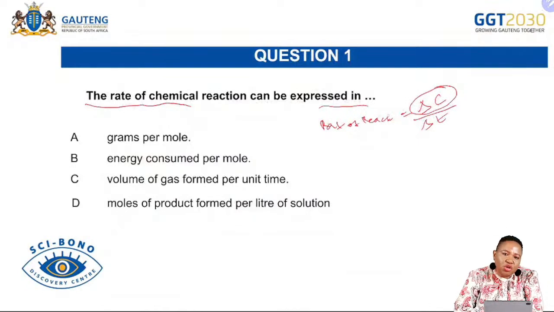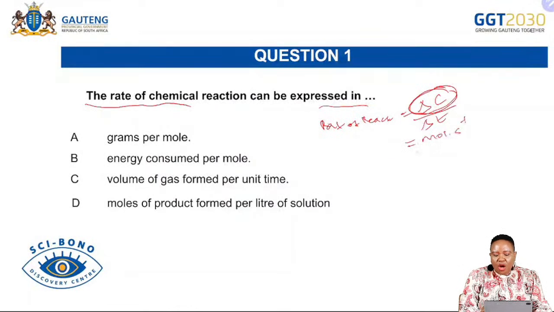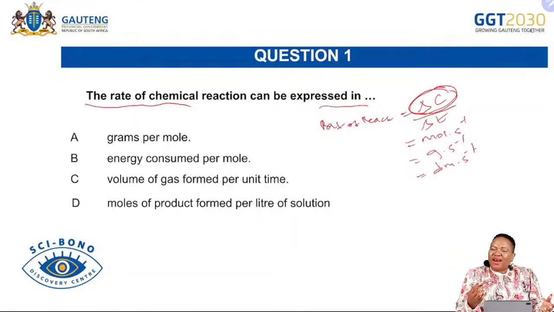That is the definition of rate of reaction: the change in concentration of reactants or product per unit time. So we can calculate it in terms of concentration, we can calculate it in terms of moles, say mole per second, or grams per second, or decimeter cube per second. We can calculate it in different ways, looking at the volume, looking at the number of moles, looking at the mass.